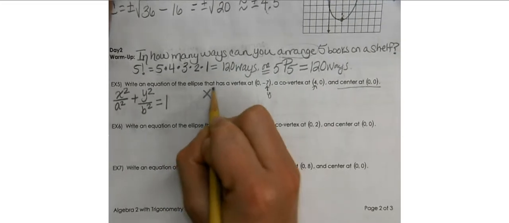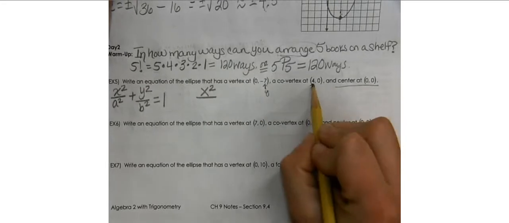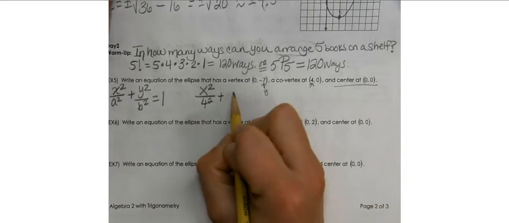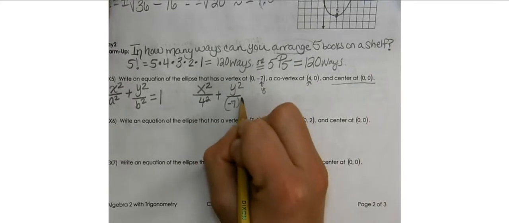So I'm going to write x squared divided by, and I'm going to take that 4 and square it, plus y squared divided by, I'm going to take that -7 and square that, and that's going to be equal to 1. Simplifying this equation even further, my answer is x squared divided by 16 plus y squared divided by 49 equals 1. And that is my equation.